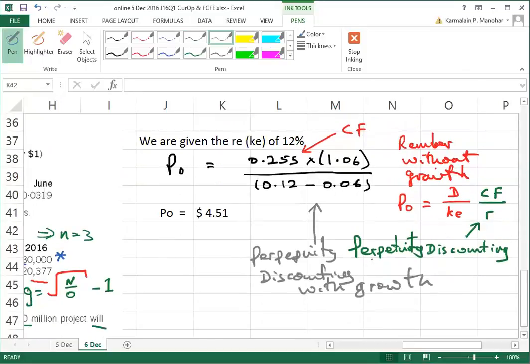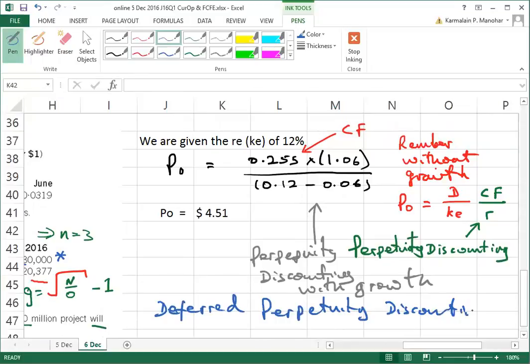We are now going to get into deferred perpetuity discounting. And we're still going to have growth. Right?